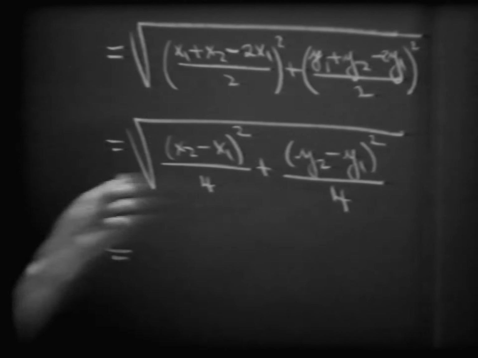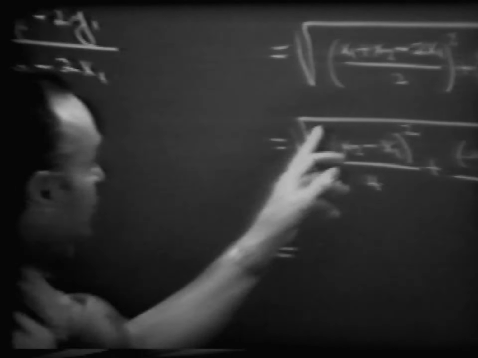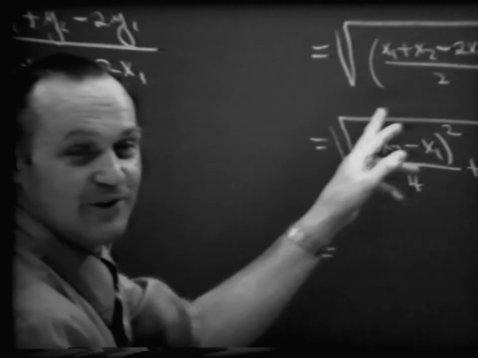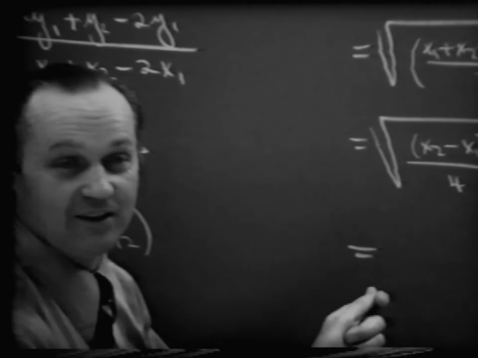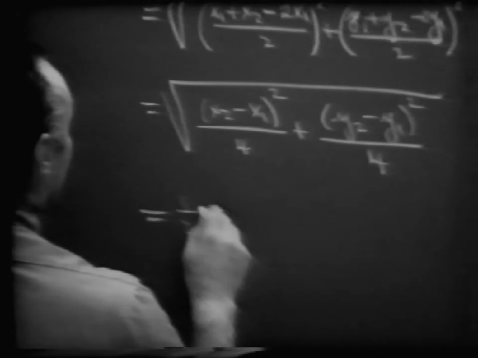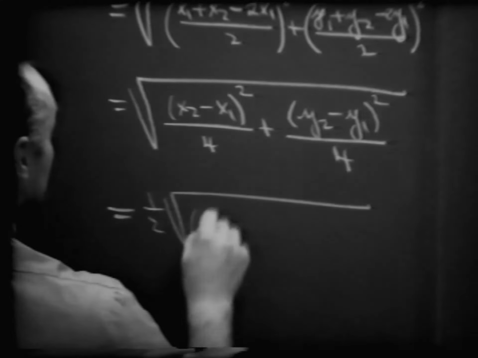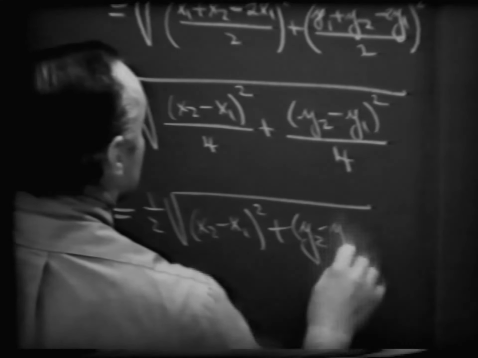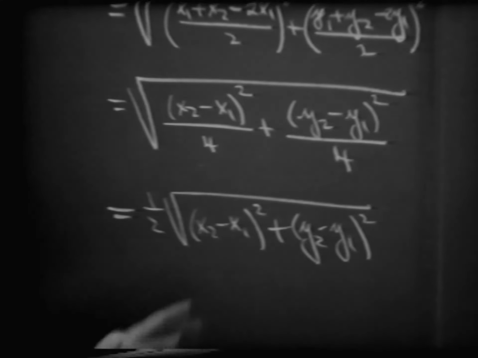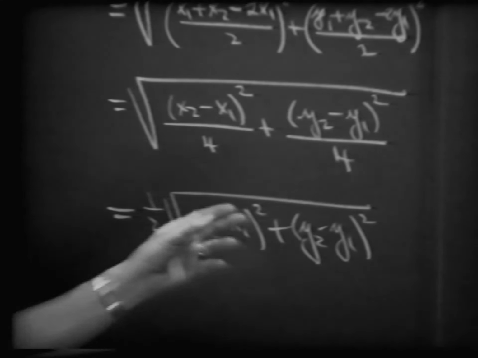we may factor that denominator out, and it's 1 over 4, and the square root of 1/4 times the square root of this, and another name for the square root of 1/4 is 1/2, and what is left but the square root of x sub 2 minus x sub 1 squared plus y sub 2 minus y sub 1 squared, and you now recognize that as what?